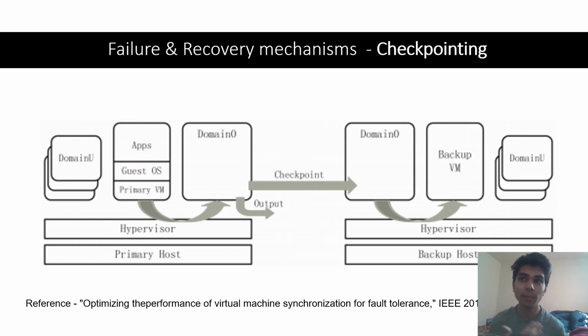So once the checkpoint passes through, all of the data entries that have been made for the primary host pass on to the backup host. So this way, there are no synchronization faults, or say there is no backup being lost. There's no overhead of creating constant backups for the primary host.